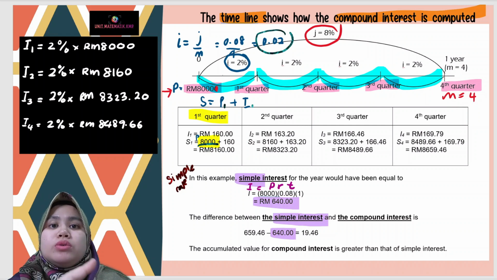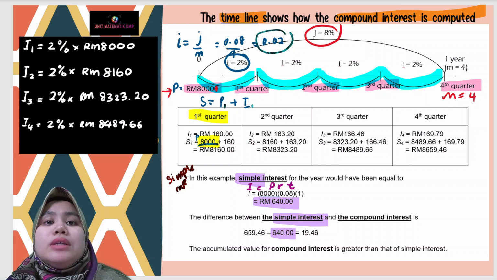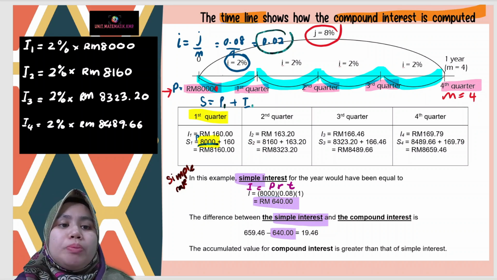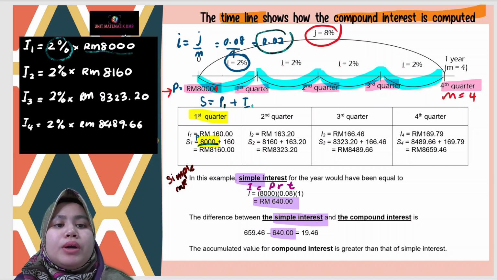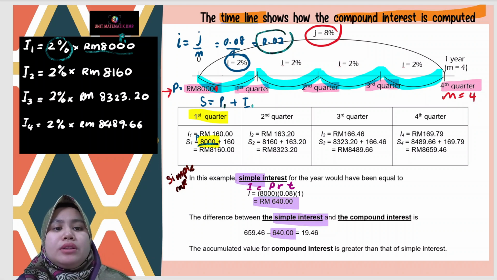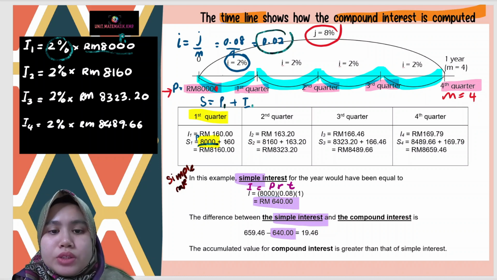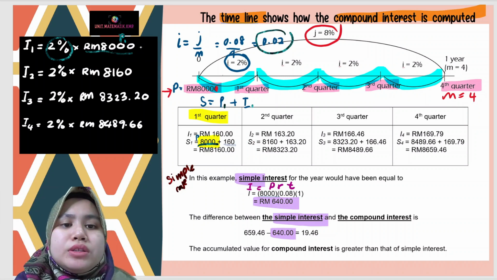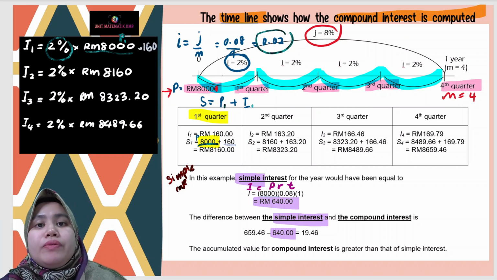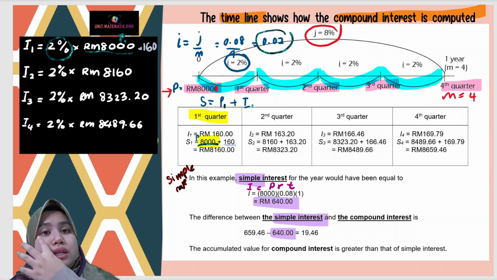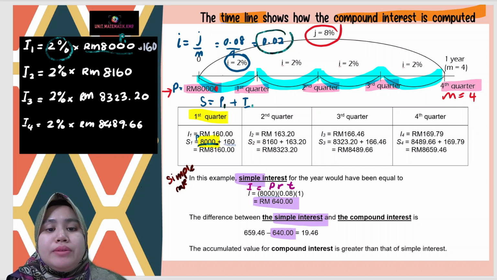To find your compound interest, capital I, just take the percentage of small I, which is 2%, and multiply with your P1. Multiply with 8,000, and you will get 160. So for the first quarter you already get 160 ringgit. So the total money that you have is 8,160 ringgit. That is the sum of money for quarter 1.